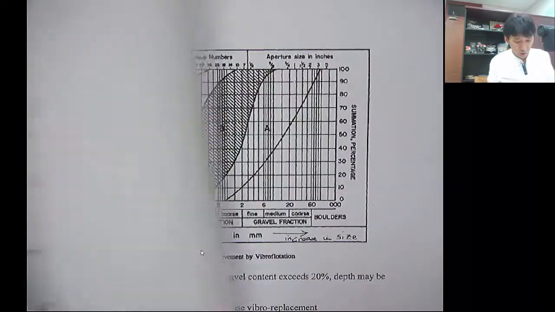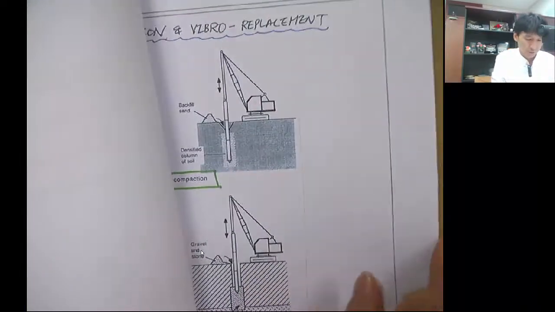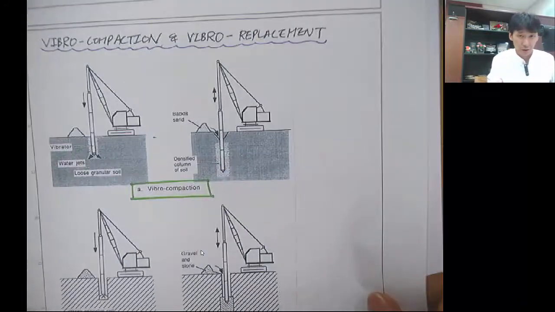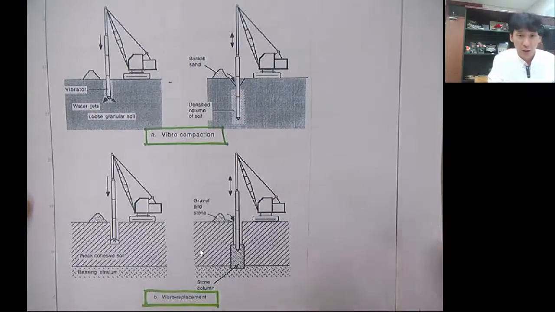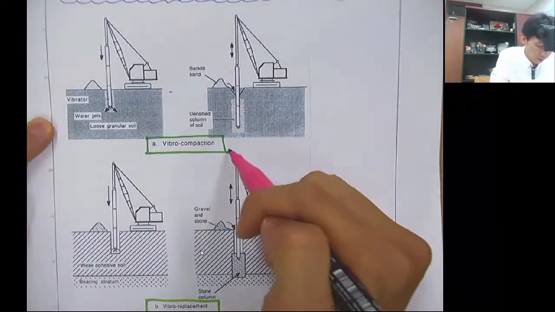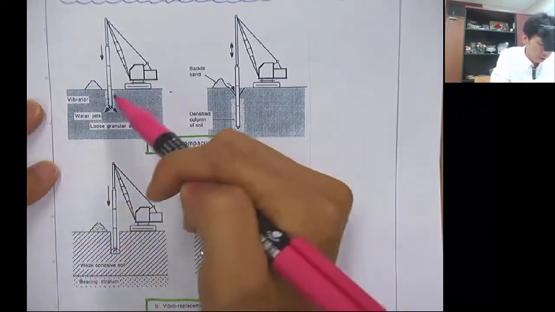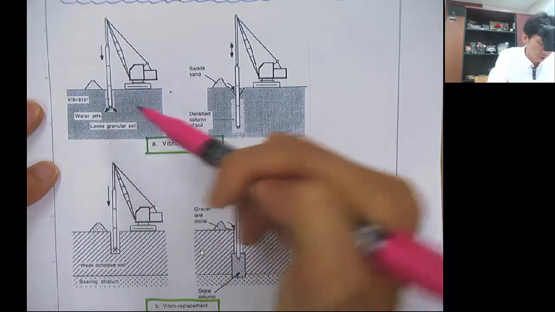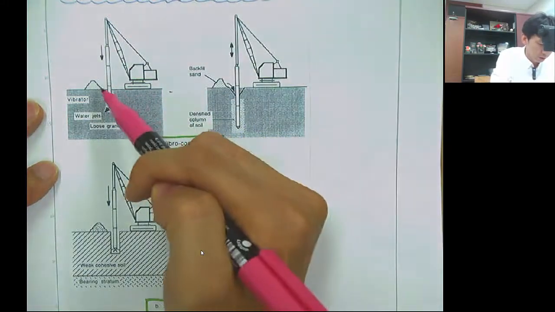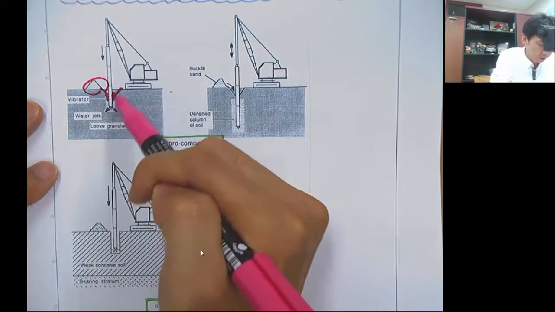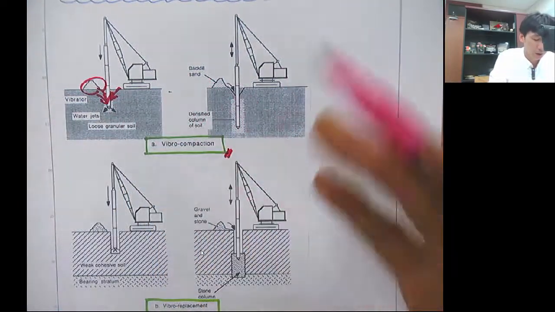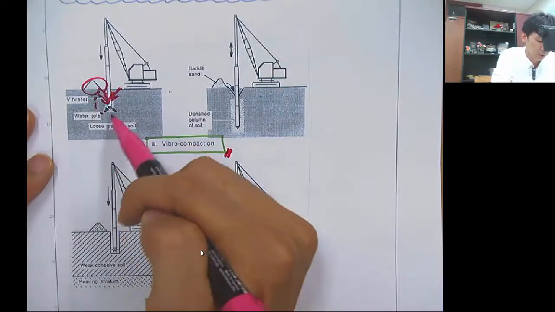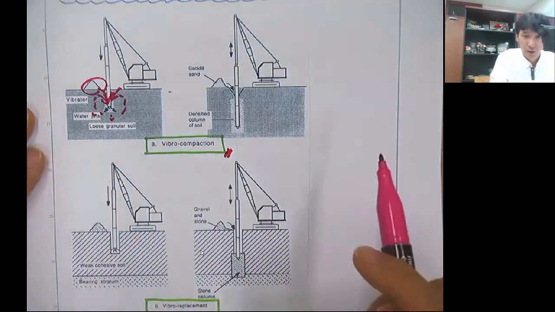And if you look at the class note, here it shows the difference between the vibral compaction and vibral replacement. You can see that in this vibral compaction, you lower this vibrator, and as you withdraw, the in situ soil can be dumped, and it will fill the gaps, and it's more densely compacted, including the surrounding area.